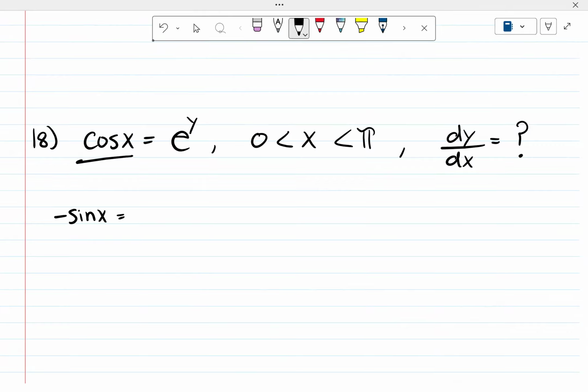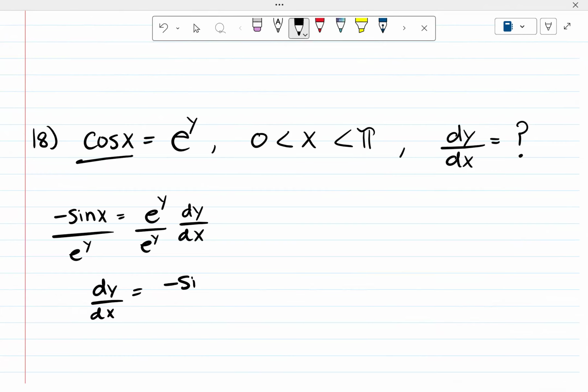The derivative of e to the y is e to the y, but with respect to x, you do have to add that dy/dx. Then go ahead and solve for dy/dx. You divide both sides by e to the y, and you get dy/dx is negative sine of x over e to the y.